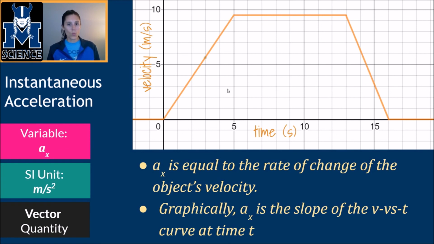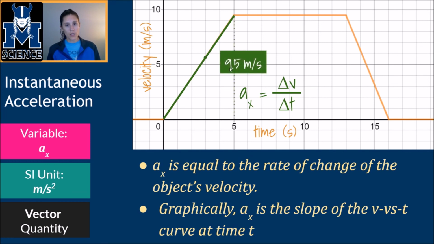Here, we can use our velocity versus time graph to find our instantaneous acceleration at, let's say, 3 seconds. Fortunately, we have a straight line right here, so we can look at the slope of that. We take our change in velocity, 9.5 meters per second, that's 9.5 minus 0, over 5 seconds minus 0 seconds, which gives us 5 seconds.